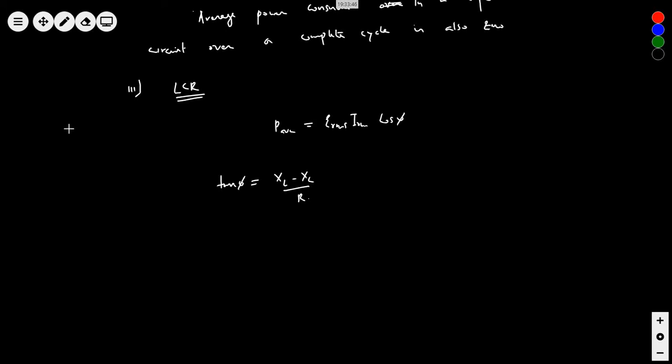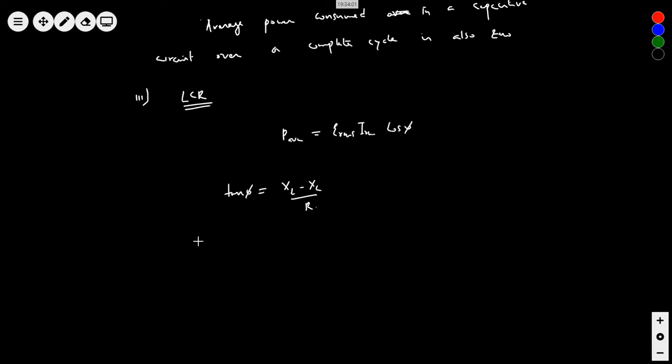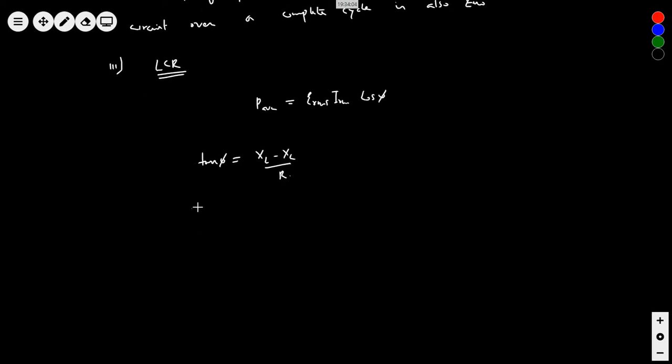So in this case, phi will not be 0. In LCR, phi is not always 0.